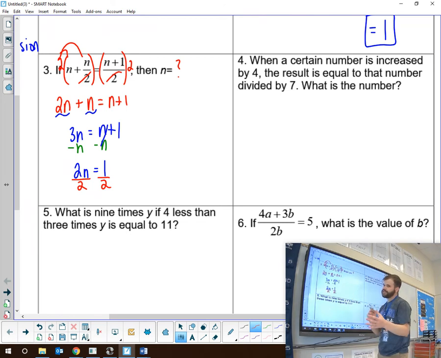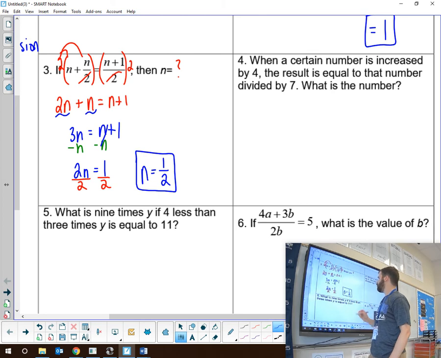And remember, this is where it's tricky. 2 divided by 1 is 2. But this isn't that. This is 1 divided by 2. It's 1 over 2, or 1/2. So my answer for what n is, n equals 1/2. And the great thing is, guys, I don't have to plug it back in anything because it's only asking for n. So if it's only asking for n, hey, look, I have my answer.